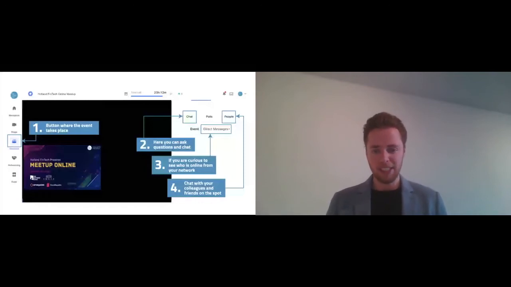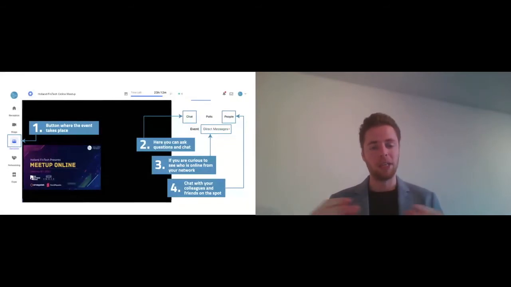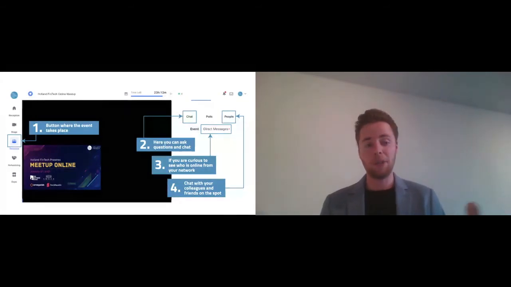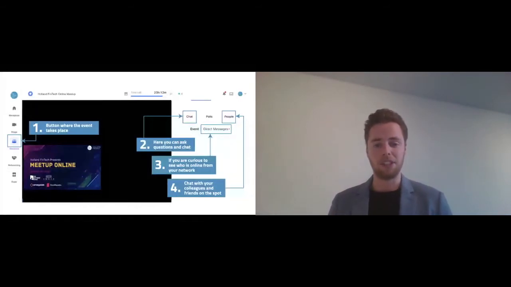You can also send direct messages to people through the event section, and you can also find people by clicking on their names and send them direct messages as well. So I hope that's all clear. Feel free to play around with that a little bit, but don't leave the sessions area, because if you leave the sessions area on the left, you will be kicked out of this meetup, and you'll have to log in again. So I hope that is all clear and that we can move on to the next slide.